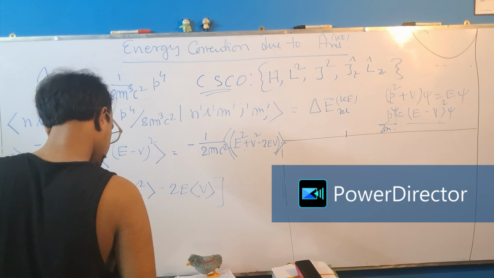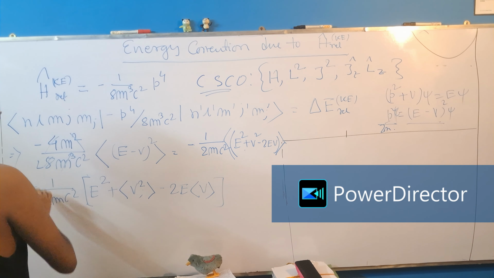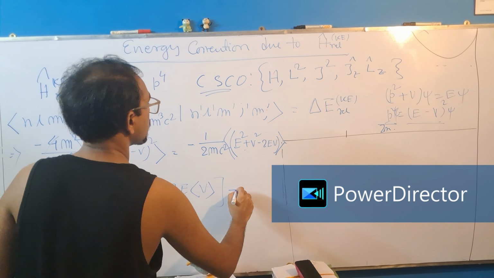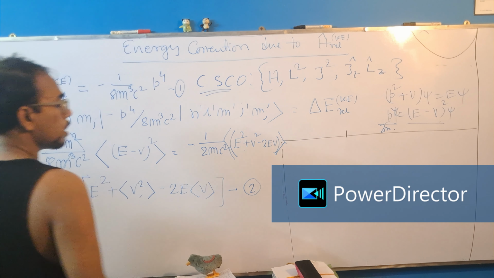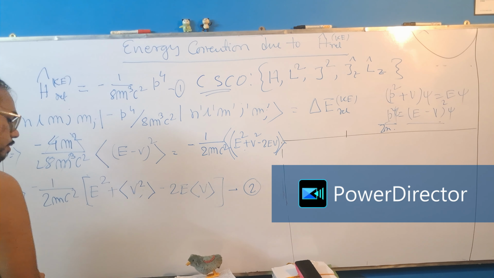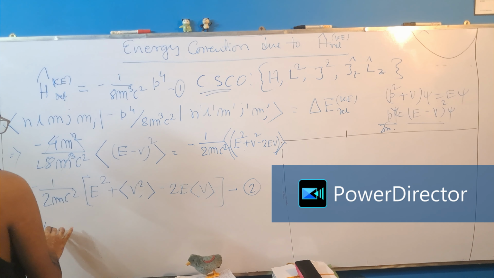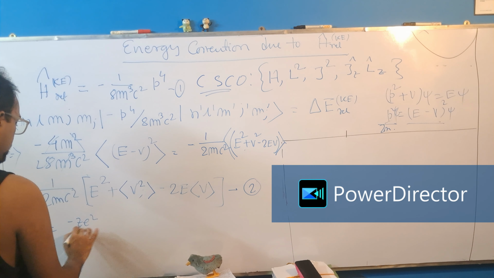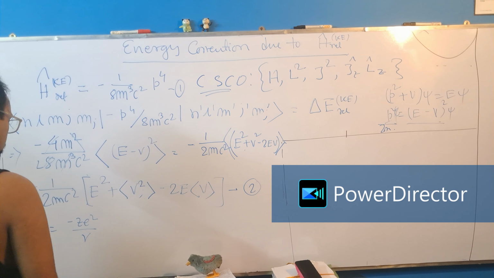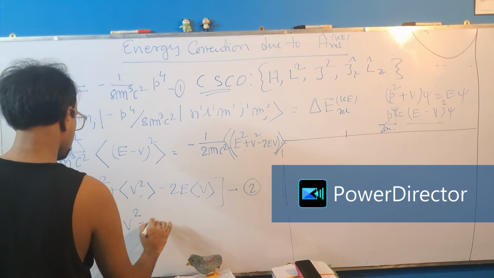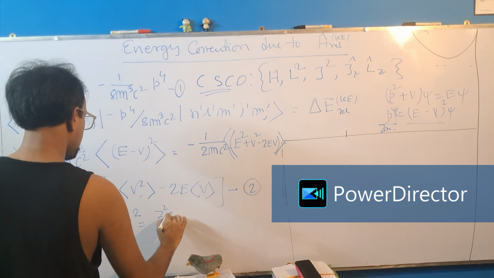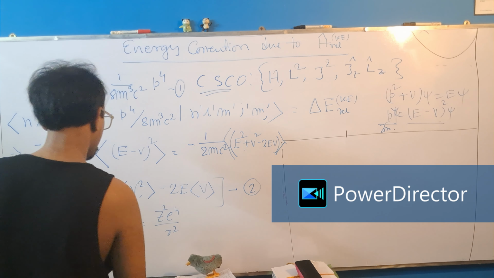Now before moving forward from here, let's say this is equation 1, so this is equation 2. Before moving forward, we know that V is minus Z e squared by R. Okay, so if we take the square on both sides, V squared equals Z squared e to the power 4 by R squared.